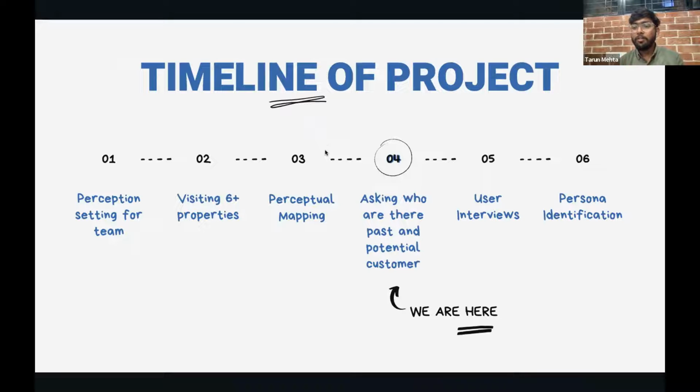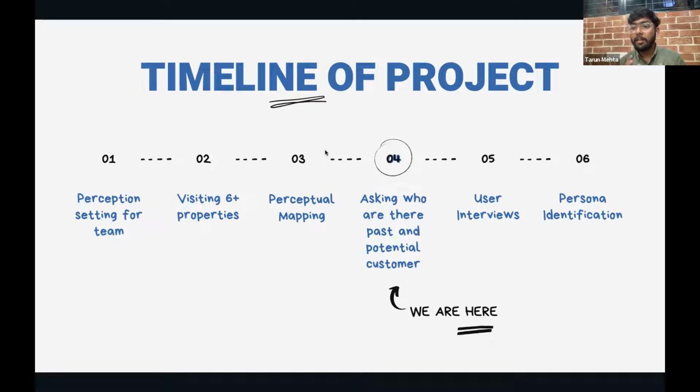Based on that, we also understood where they stand compared to other projects. Then we sat with sales and marketing again and asked who their past and potential customers are. Based on that profile, we got to know there are three common categories they fall into.